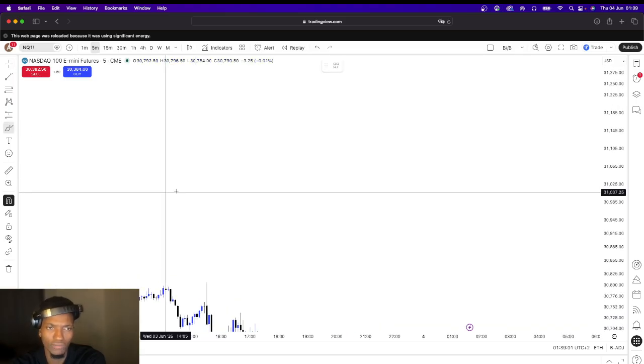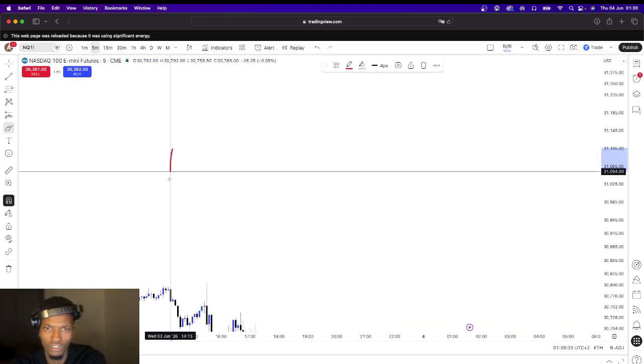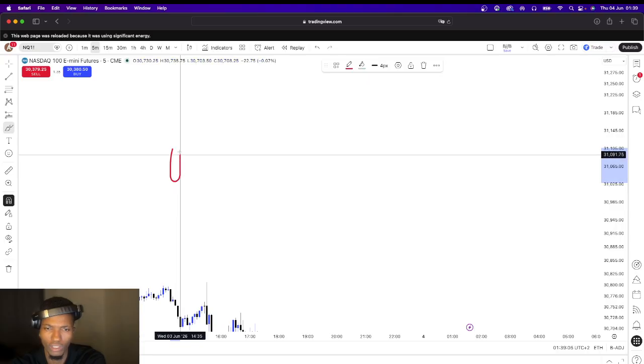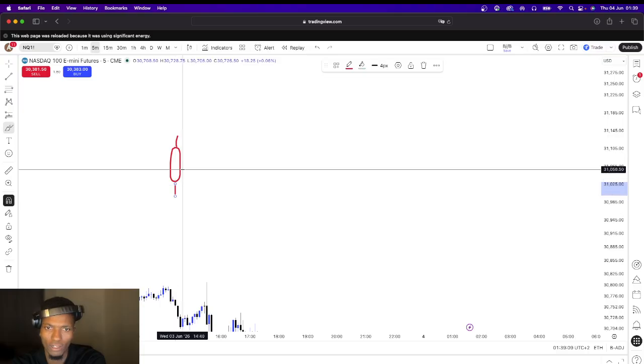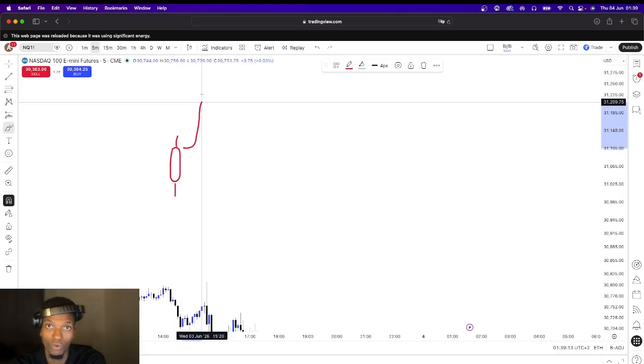Now for an inverse fair value gap, this is when we have our first candlestick, then we have the long one, which you guys like.